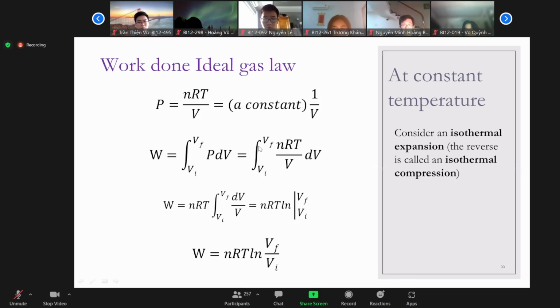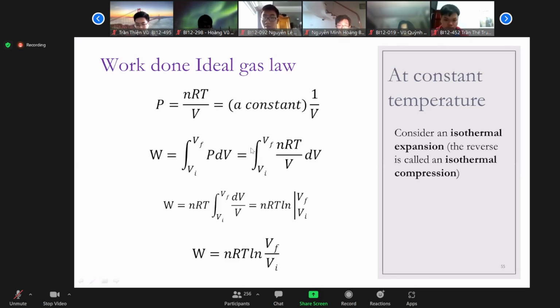Then we have this expression. This is what we have. Okay, because nRT here is actually a constant, we take it out from the integral. This becomes solving this integral.